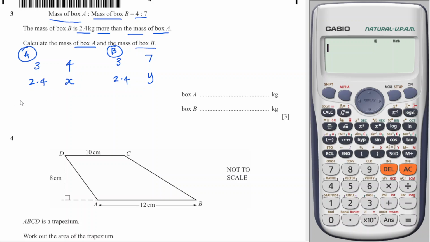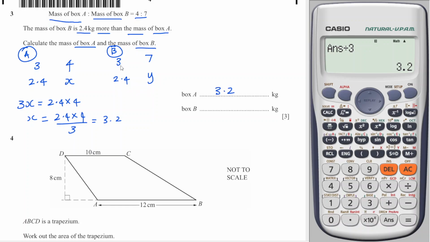Now we can do the cross multiplication. 3x is equal to 2.4 times 4. So x equals 2.4 times 4 divided by 3. So we can do 2.4 times 4 then divided by 3. The value will be 3.2. So the mass of box A is 3.2 kg.